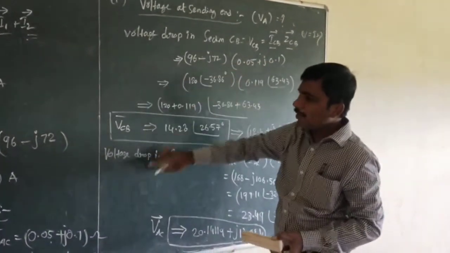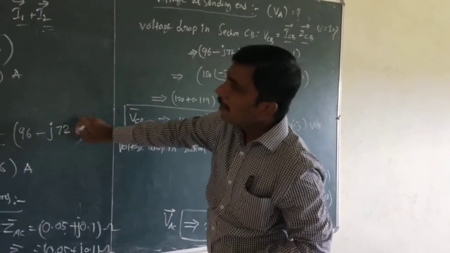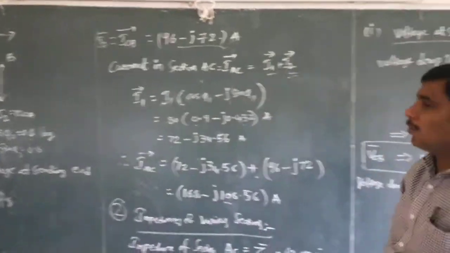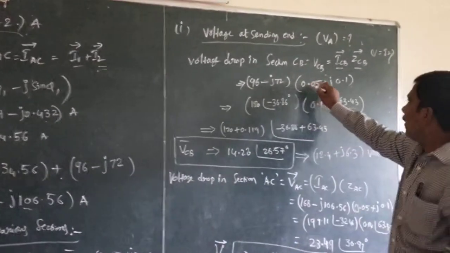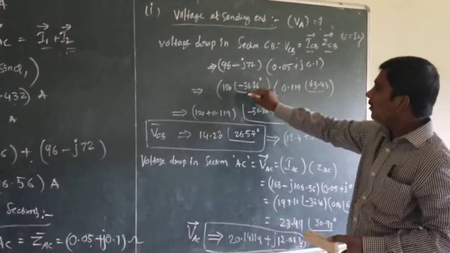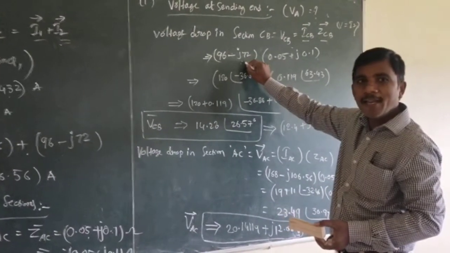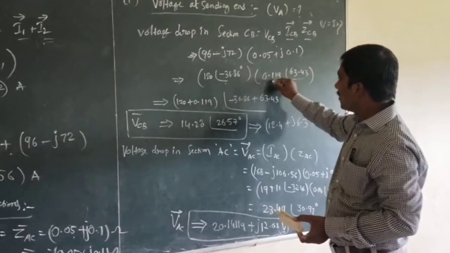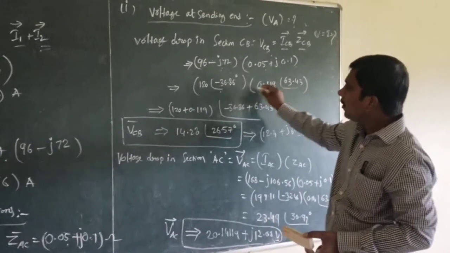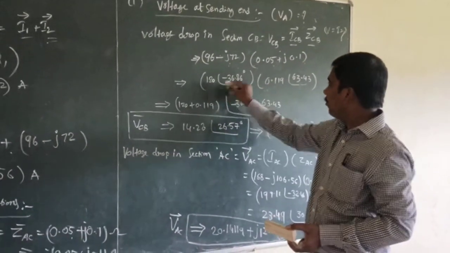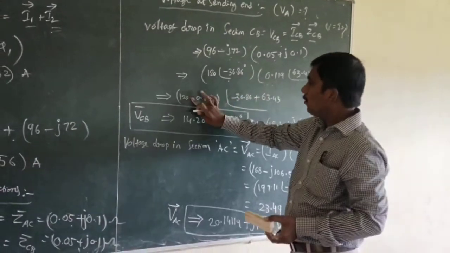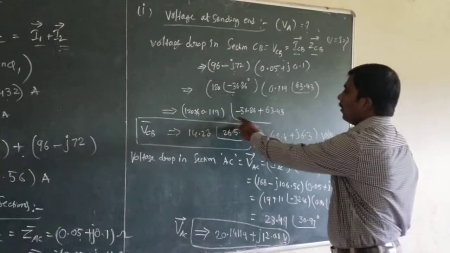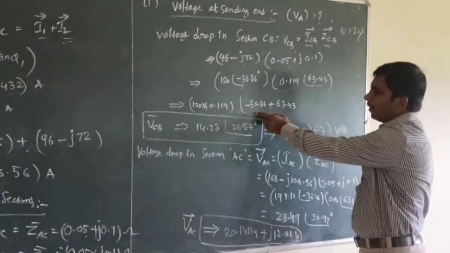ICB is already calculated, 96 minus j 72, and ZCB is substituted. The multiplication will be done in polar form only, so we have to convert these into polar form. After doing the multiplication, 120 into 0.119, the angles should be added.